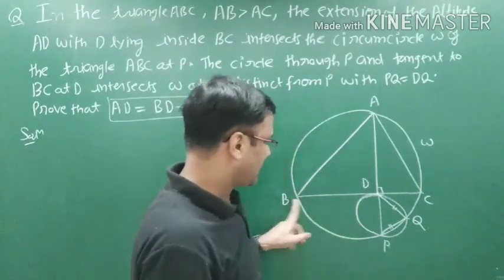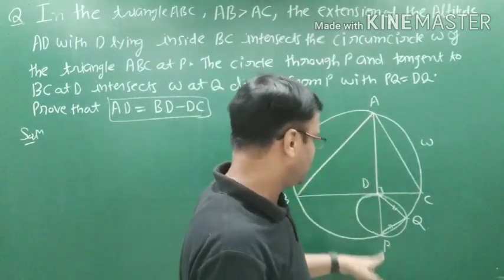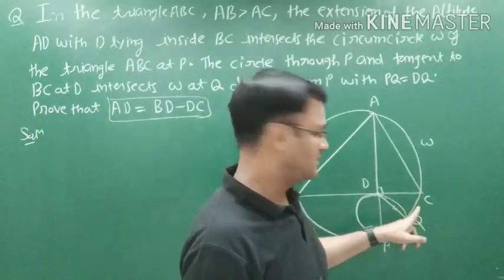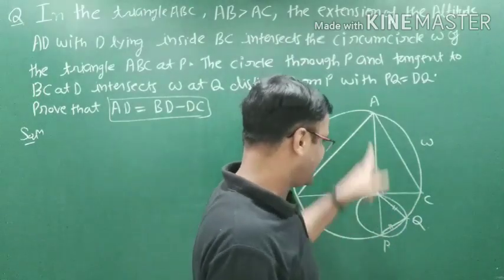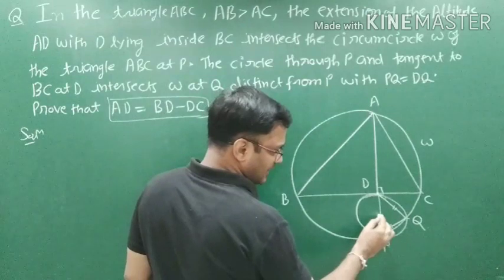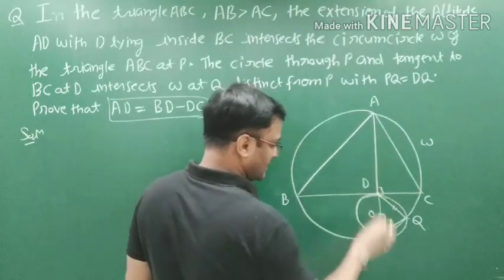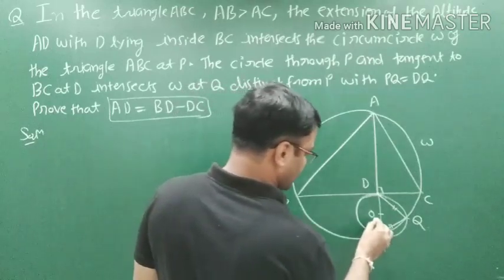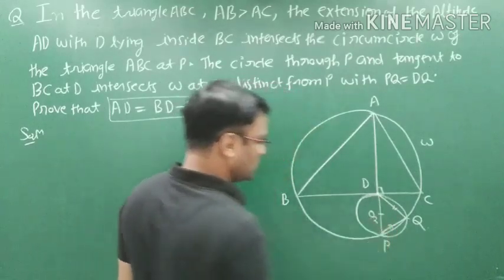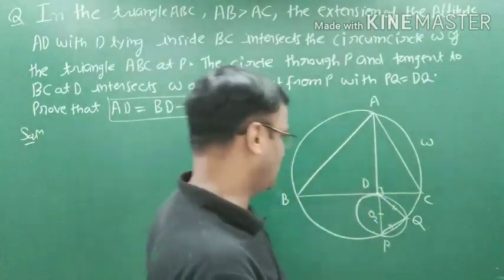For the second circle, line BC is tangent and line AP is perpendicular to this tangent. If this line is perpendicular to the tangent, then definitely the center of the second circle will lie on the line DP. We call the center of the second circle O2, because the center of the first circle we take as O1.